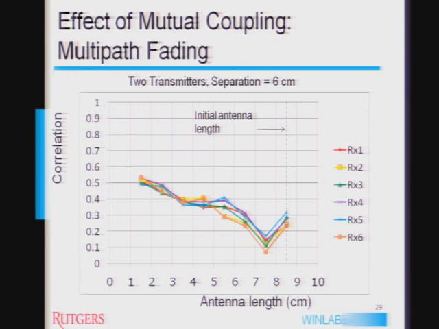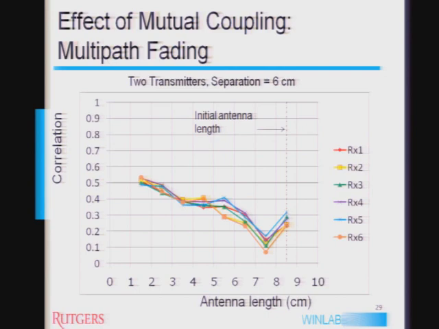The reason we have a dip here is the impedance of these antennas. When these antennas were designed by Professor Banerjee on the spectrum analyzer, that was really just one antenna, but the presence of the other antenna detunes it.